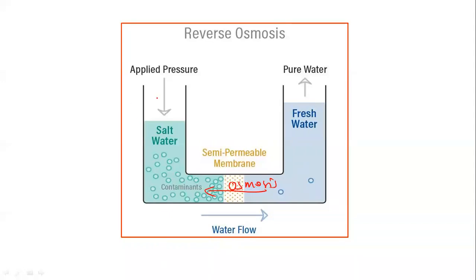But if the pressure applied is greater than the osmotic pressure, then the solvent molecules from the solution side will flow from this to this. That is reverse osmosis. So to bring about reverse osmosis, we have to apply a pressure greater than the osmotic pressure. Then the solvent molecules move from the solution side to the solvent side. So this is reverse osmosis.